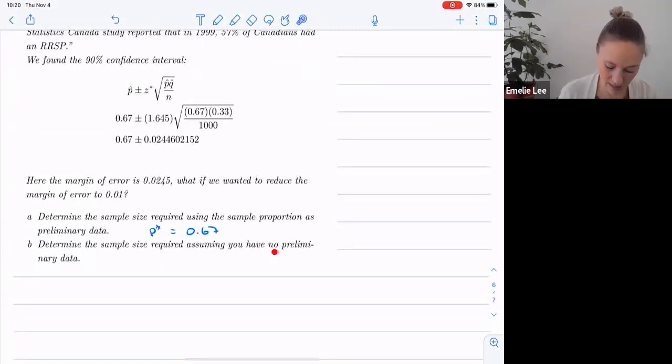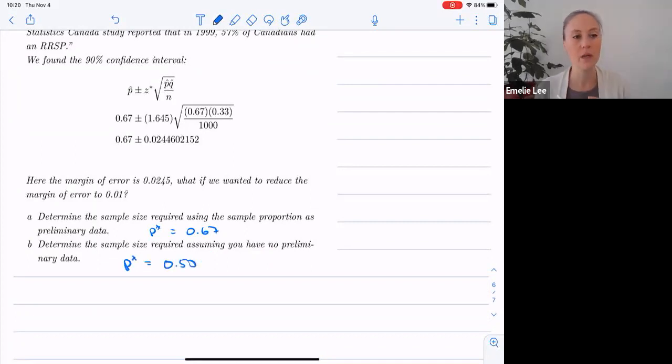And then assuming you have no preliminary data, you have to use the most conservative approach of 0.50. The last thing I want to say is you always have to round up your n. So even if you get a decimal of 0.01, you can't survey 0.01 of a person. And so you would have to round up just to be safe.